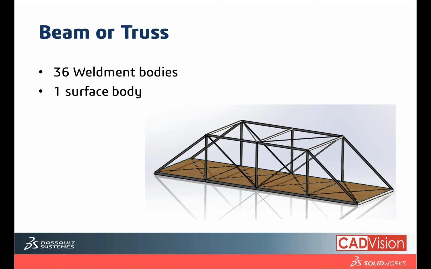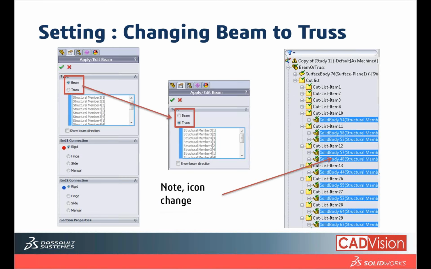So this example consists of 36 weldment bodies and one surface body at the bottom as the platform. You can run one time with beams and we get the results. Later I will show you the comparison between the beam results and the truss results. Once you change the structure members to truss, of course it does not mean that you need to change everything.